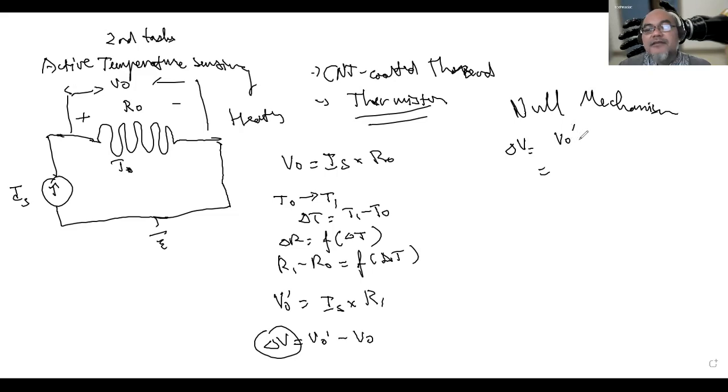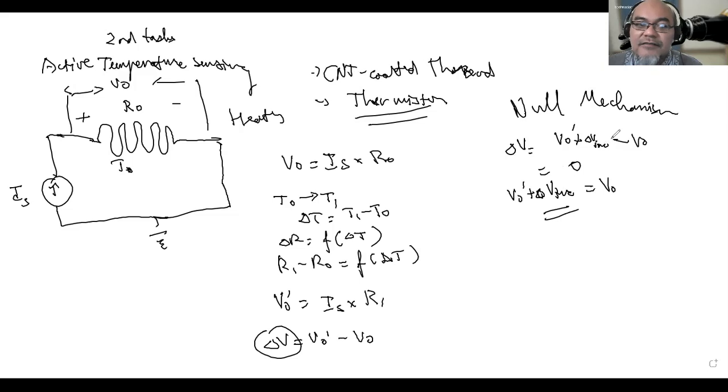So this becomes V0 dash plus, let's say, delta V increase, minus V output. So this is supposed to be 0 now. So V0 dash plus delta V increase should be equal to V output, the initial output voltage.